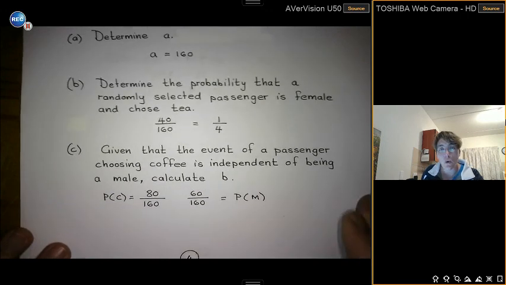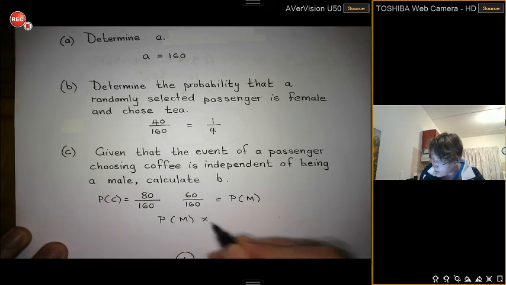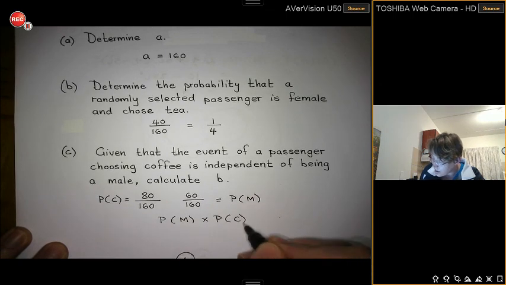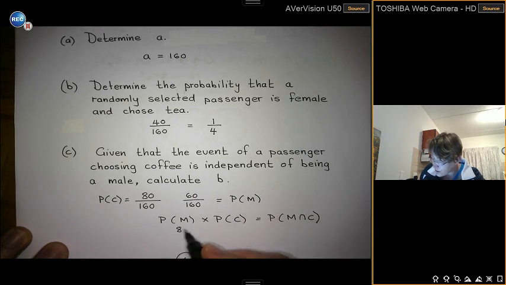But according to the definition of independence, if the probability of being male is independent of the probability of being coffee, then the probability of being male times the probability of drinking coffee is going to be equal to the probability of being male and drinking coffee. So I've got that 80 over 160, I can write that down.